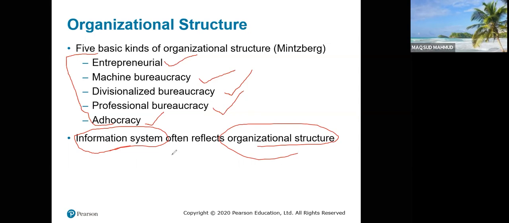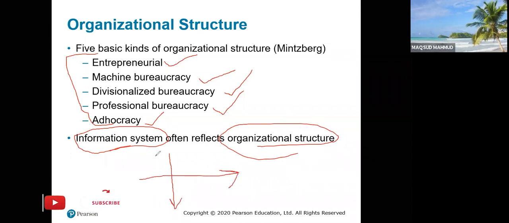So the information system will tell you how the information is flowing from up to down and from left to right. Okay, so it will tell you how the information is flowing, and this flow of information will tell you what the structure of your organization is.